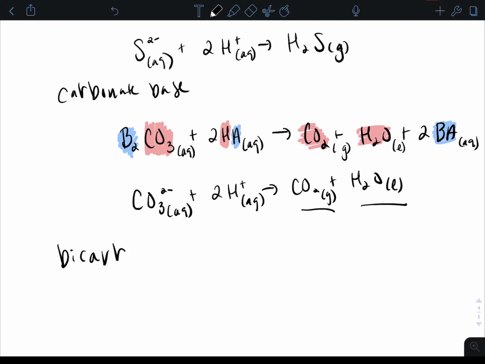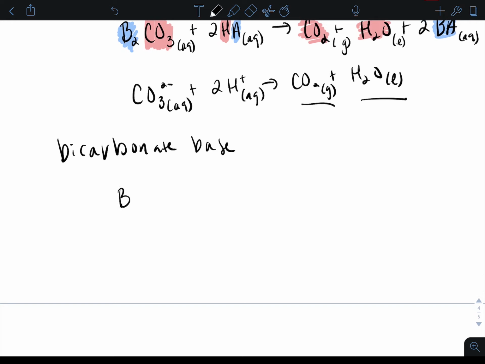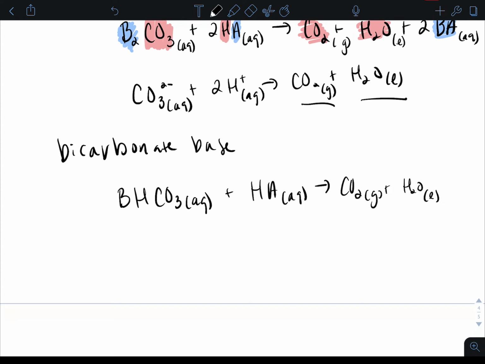which is very similar to our carbonate base. We have BHCO3, so bicarbonate, reacting with an acid to produce carbon dioxide, water, and a salt.